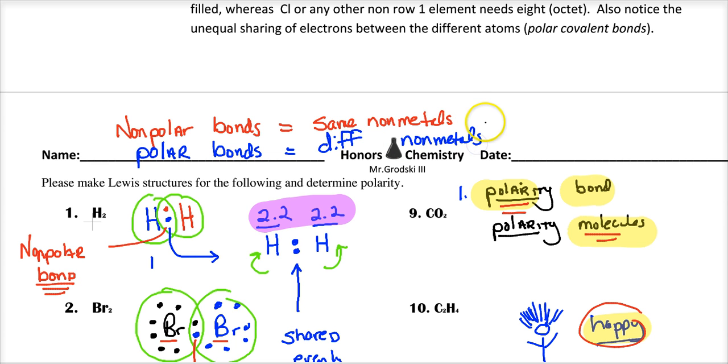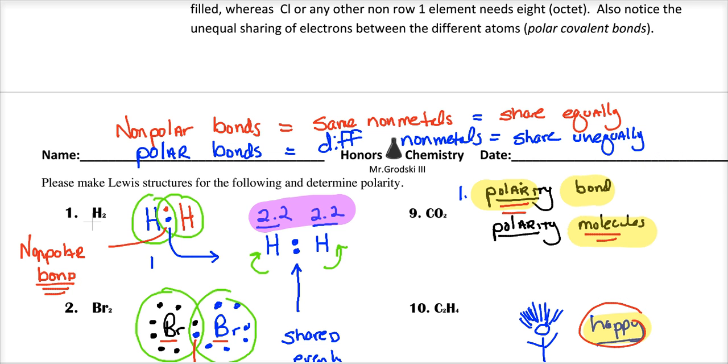You have to understand. Same nonmetals, they what? They share equally, so that both sides of the bond do not have more negatives or positives. They're the same. But different nonmetals share the electrons unequally, which makes one side different than another.